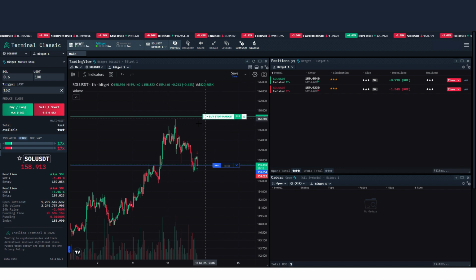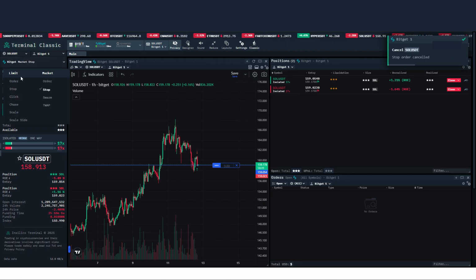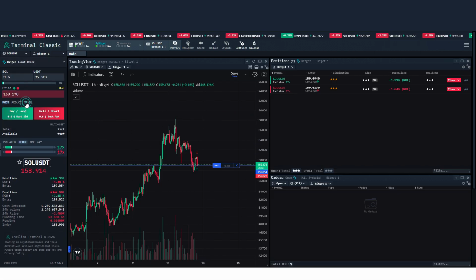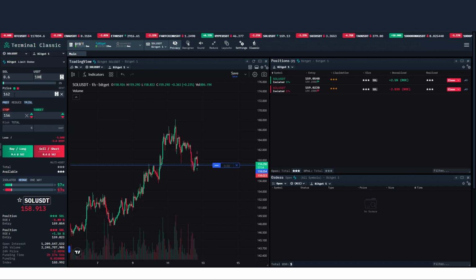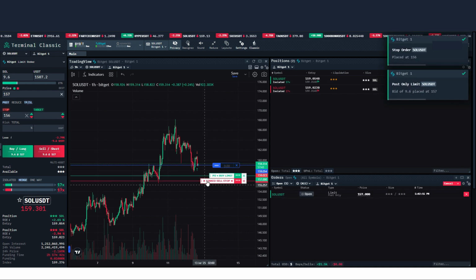So remember, if you're setting a stop loss, which is automatic, if you do an order like this, like a limit order, let's just say 162 is my entry and I want my stop to be 156, $100 here. Oh, I can't do that because it's below the player. So let's say 158, 157 is going to be my stop. So look, Insilico will put it in there for you.